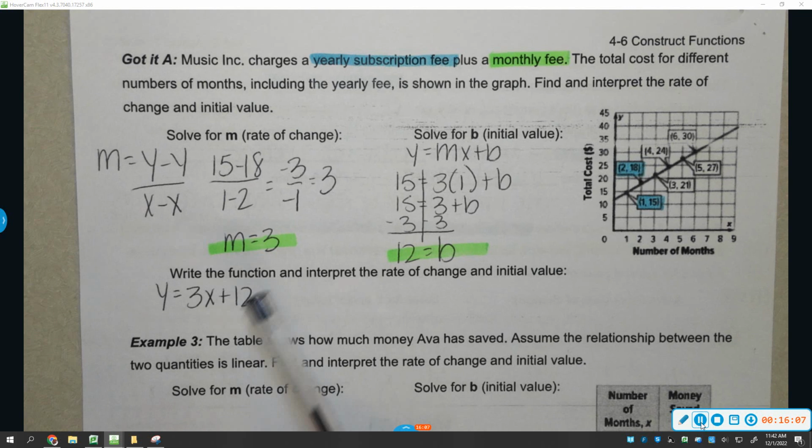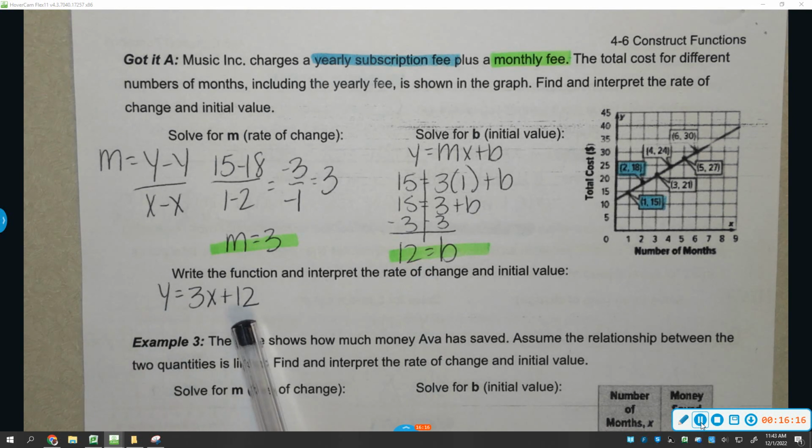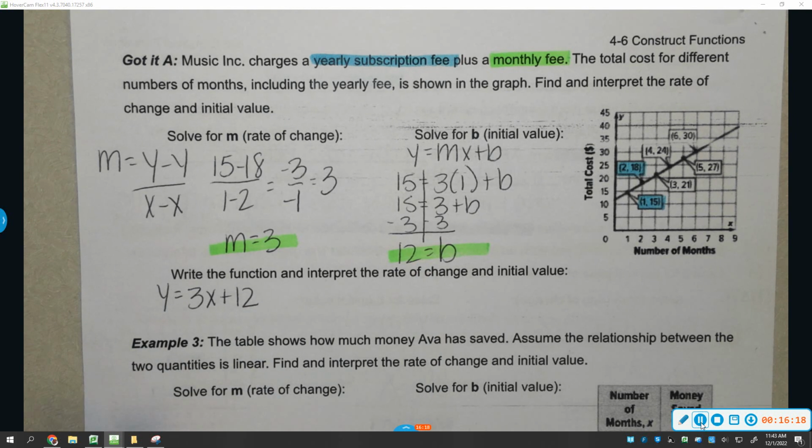Okay, so here your rate is 3 when we solved using the 2 ordered pairs. Your B is 12, which gives you the function y equals 3x plus 12. Does anybody want to take a stab at what the 12 represents? Let's start with the 12. What do you think the 12 represents? Tristan?